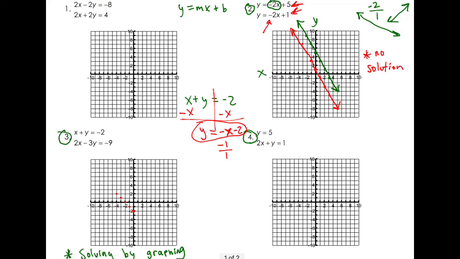Back to our original point, it's going to go down 1 over 1. Down 1 over 1. And so our line is going to look, let's see if I can get a good line. Something like that.